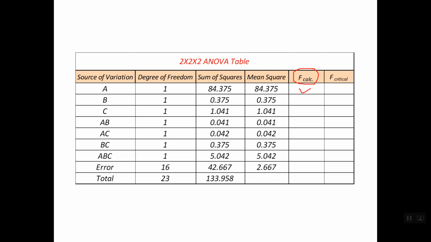For example, in order to calculate F for factor A, we divide this value, which is the mean square for factor A, by this value, which represents the mean square for the error.